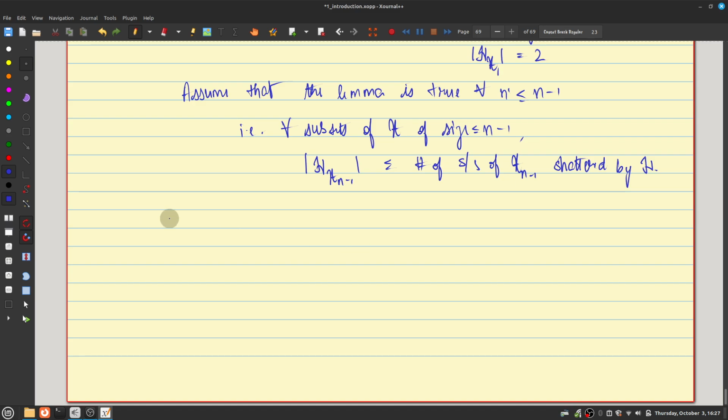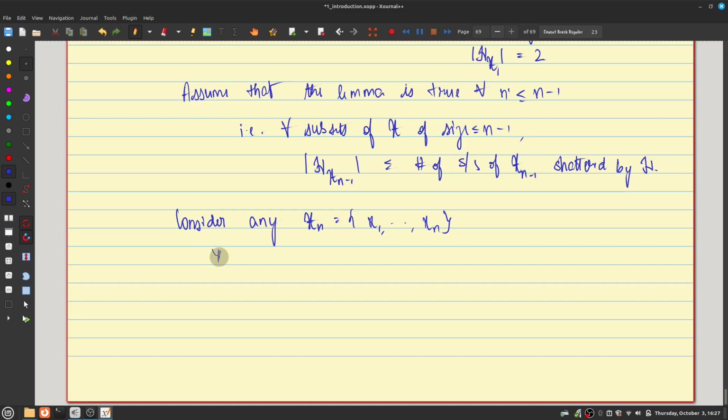Now let's consider an arbitrary xn consisting of n elements. From this, I'll construct two subsets.